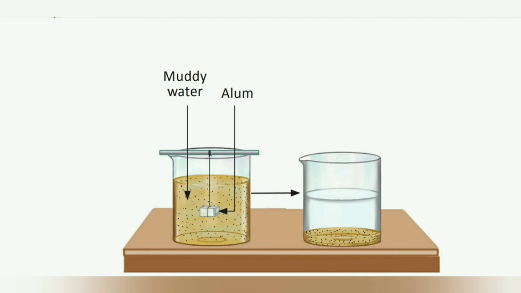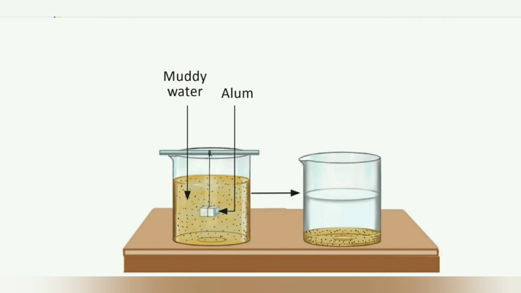Do you know? The rate of sedimentation can be improved by adding some chemicals. Like we can add alum, and this process is known as loading. What happens is alum particles attach themselves to the impurities and make the impurities heavier.